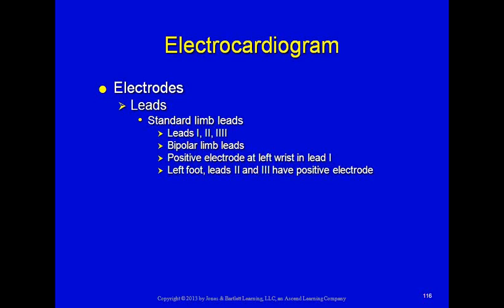So that's lead 1, and in that particular situation, the white is negative, the black is positive, and the red is neutral. But as you change leads, the poles change. When I look at lead 2, the white is negative, and now the red is positive rather than neutral. The black becomes neutral in lead 2. So that's why they're called bipolar leads.